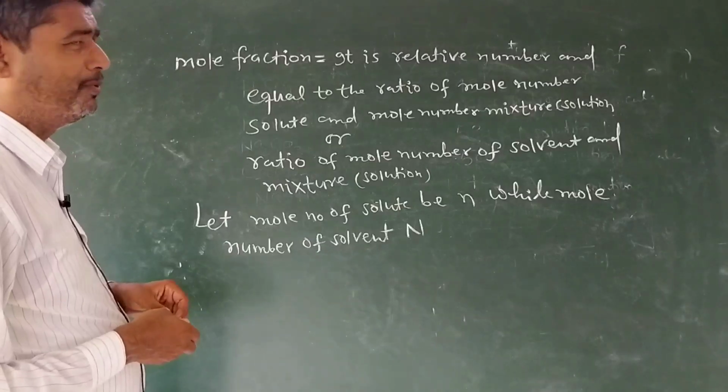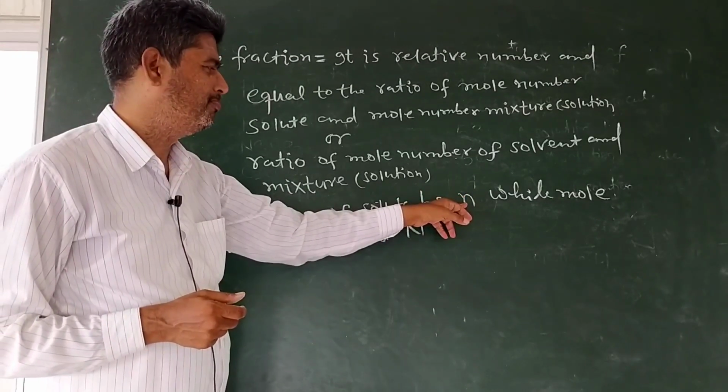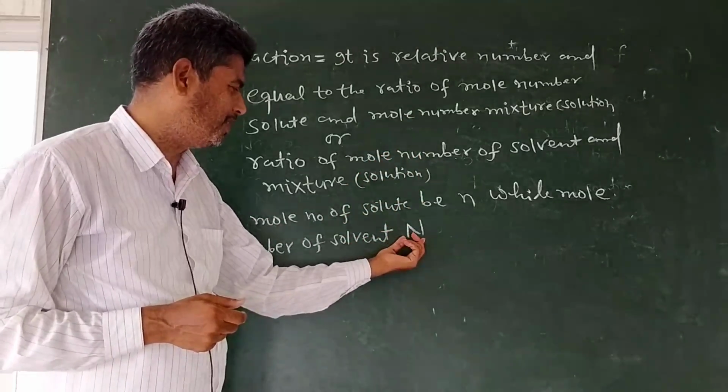The mole number of solution will be equal to the sum of mole number of solute and mole number of solvent.